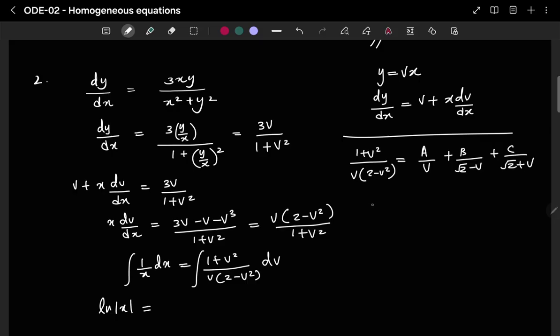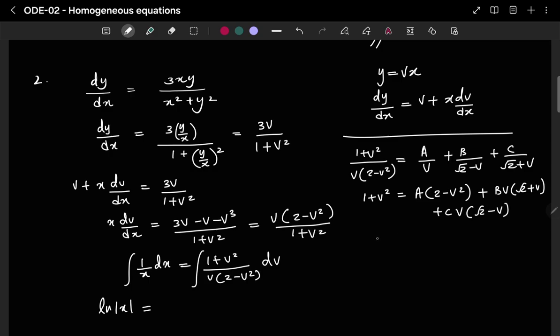Then simplifying, we get 1 plus v squared equals a(2 minus v squared) plus bv(root 2 plus v), and then cv(root 2 minus v).